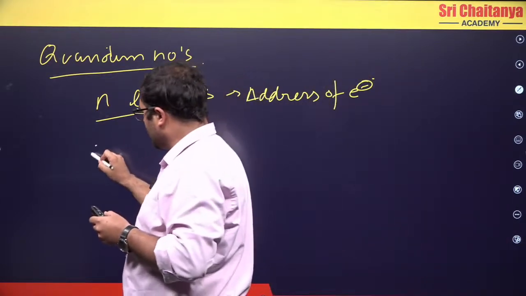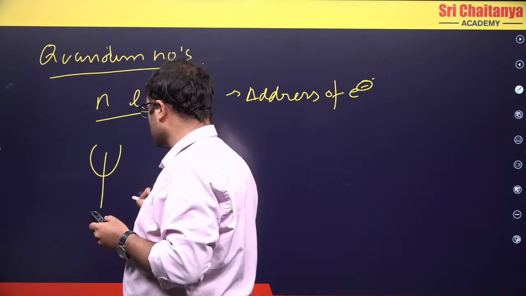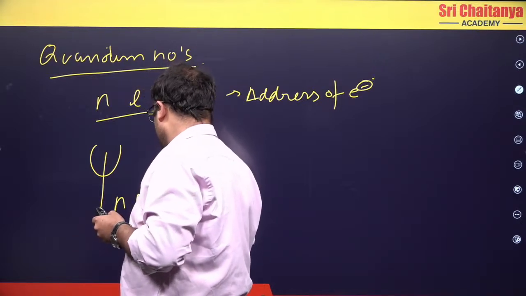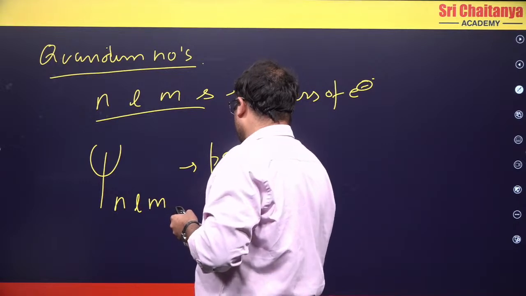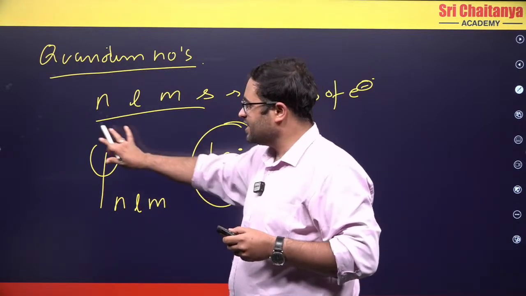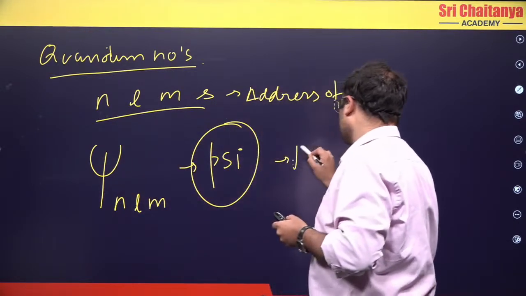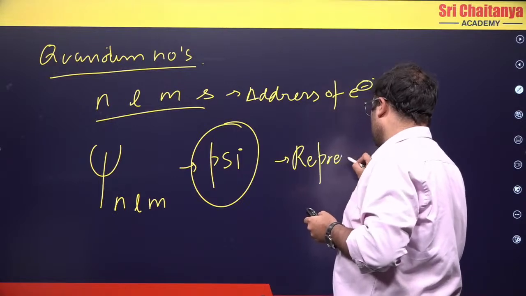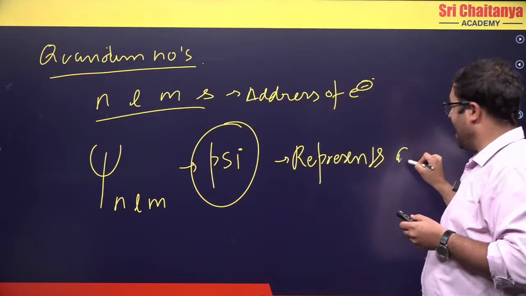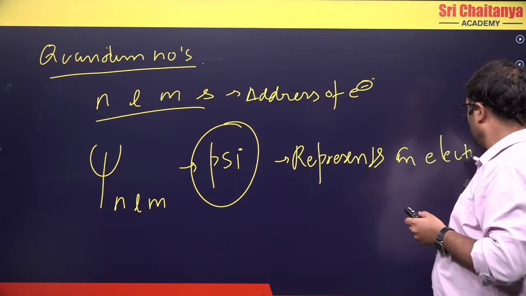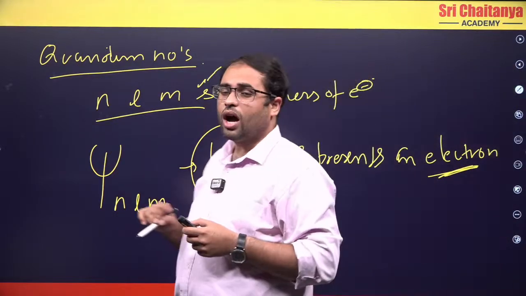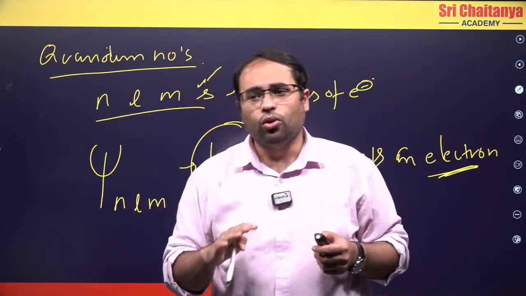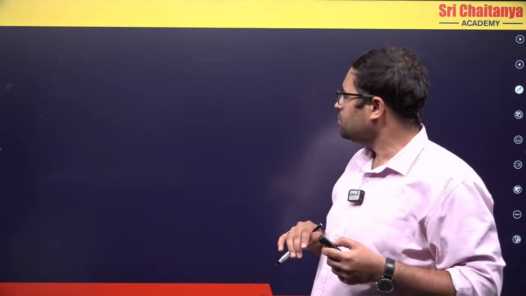And finally I will say this is called NLM, this is called psi, and this is the symbol that represents an electron. We'll learn more about it, but for now you have enough knowledge to understand these.